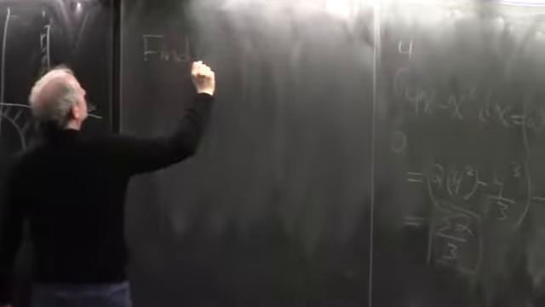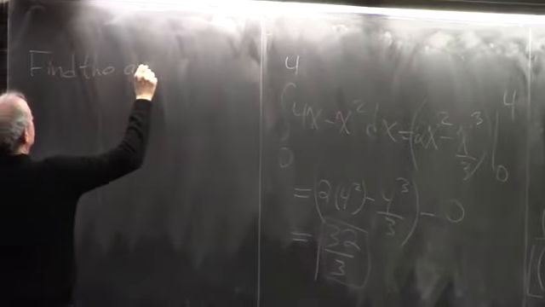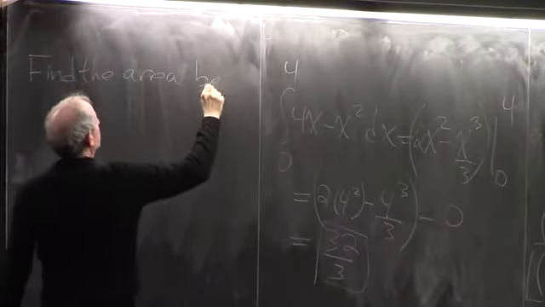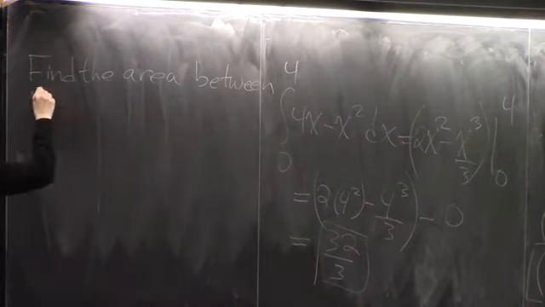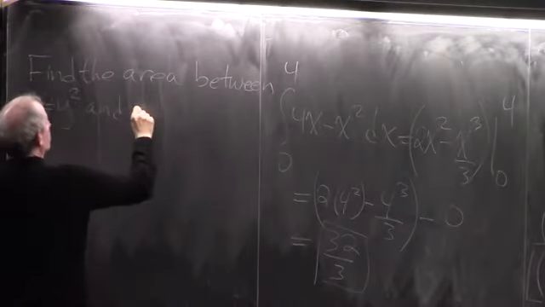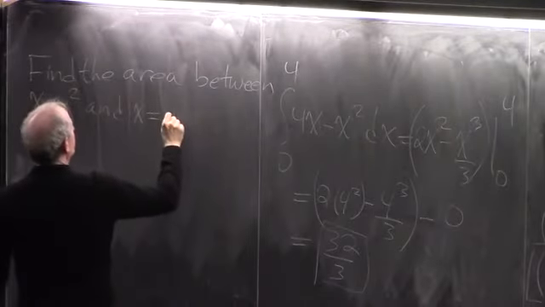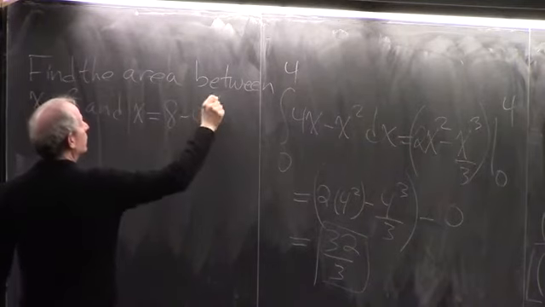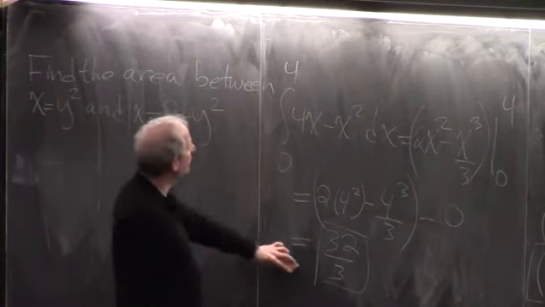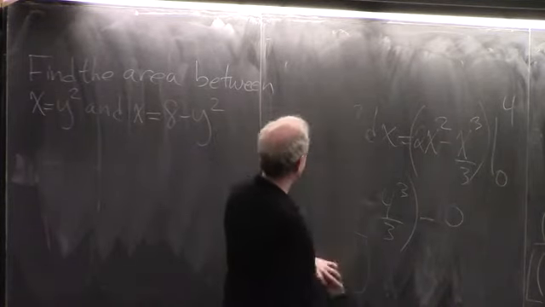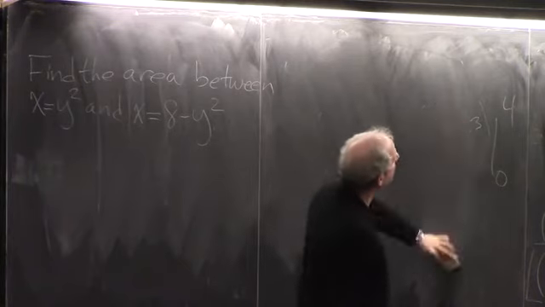Okay, so we want to find the area between x equals y squared and x equals 8 minus y squared.